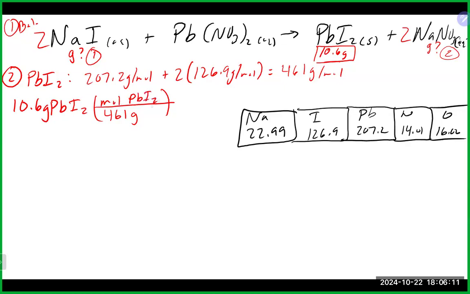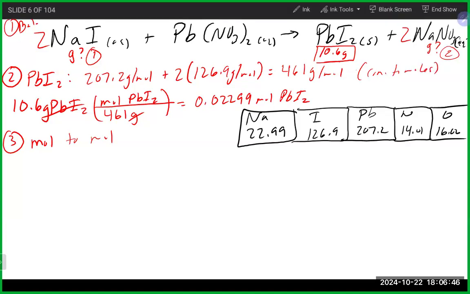And if we do that, again, if you get a number at this point, don't round too much, but you'll get something like 0.02299 moles of PbI2. So now I'm going to do to the sodium iodide, which is my third relationship there. We're going to actually do the stoichiometry, the mole-to-mole relationship here. Obviously, here we're converting to moles.